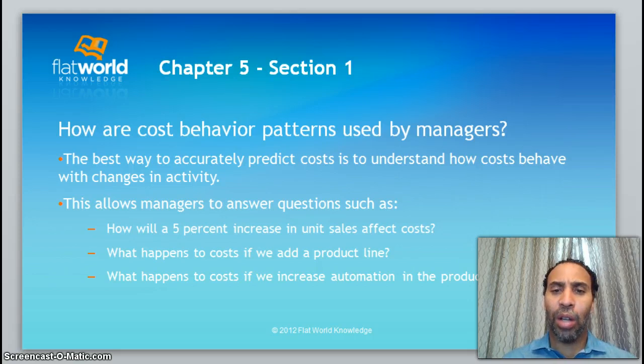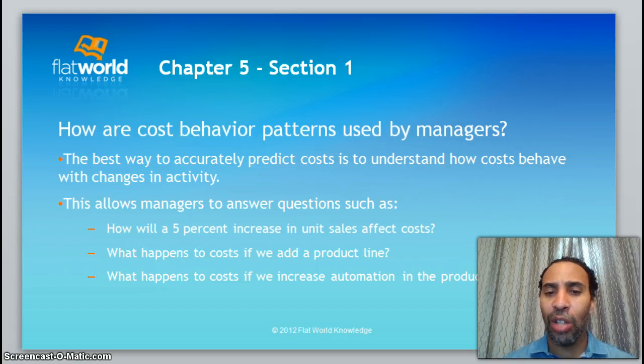What happens to costs if we add a product line? We go back to previous chapters, and you had those boats, the basic boat and the deluxe boat. At that time, they thought if we added a new product line, things were going to be great. But they ended up not being so great because they were losing money on creating that deluxe boat. So you have to make the right decisions, and you have to understand the behavior of cost.